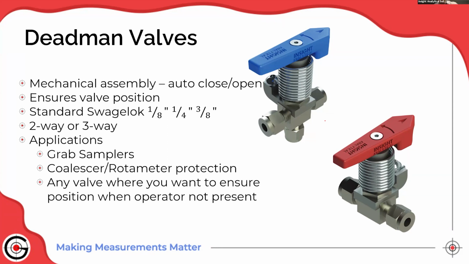When I let go, it automatically closes and I have no risk of human exposure, say, to the flare gas. Or we'll use it on grab samplers or rotometers where we say, I only want to periodically look at the flow. Most of the time, I'd like to bypass the rotometer. So again, we have clients that just come on our website and order these for sample systems they're building as well.